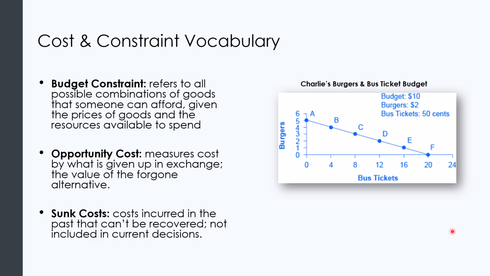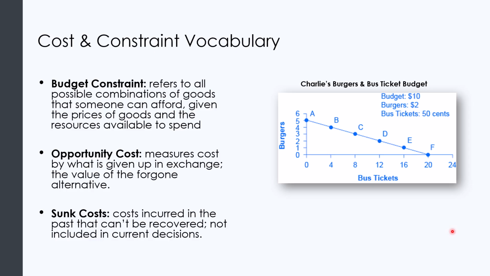So I want you to think about your basic trip to the grocery store in this context. When you go to the grocery store, you have your grocery store budget, what you can afford to spend, and you have to decide the quantities of groceries you're going to purchase, given the prices of those products and the amount that you have to spend.